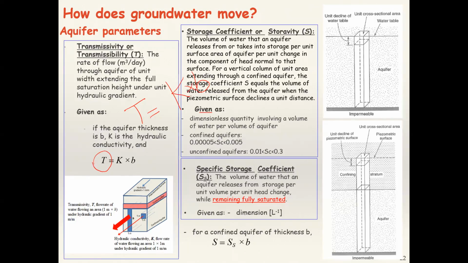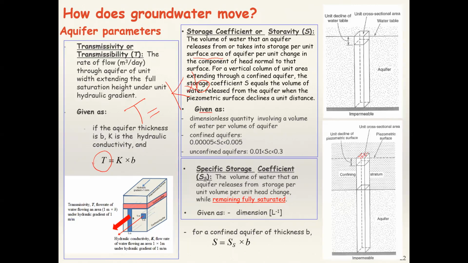Right? So now, what is this storativity? That is the volume of water that an aquifer releases for the pumping or takes in from the natural recharge or artificial recharge per unit surface area. Now, if you consider the aquifer, we are talking about a unit surface area like this.